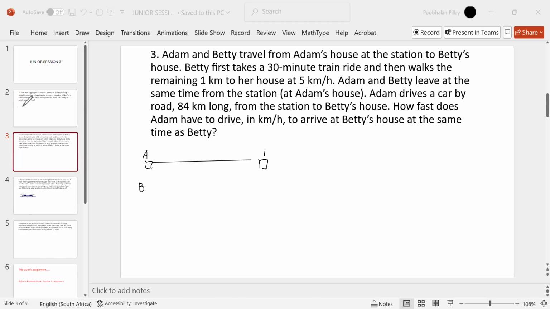Now, it says here that Betty first takes a 30-minute train ride and then walks the remaining distance. So what Betty does is she travels by train, and then the remaining part she walks.